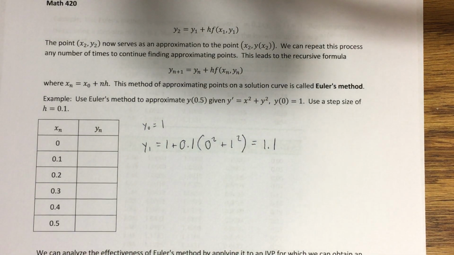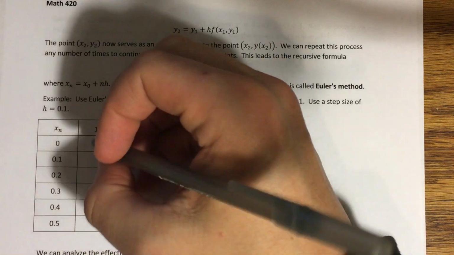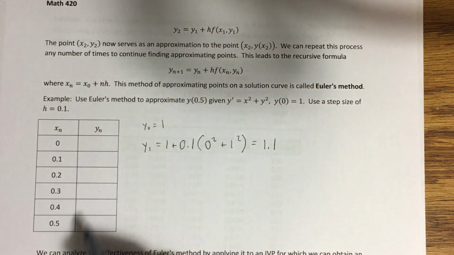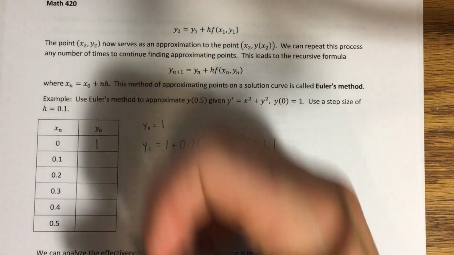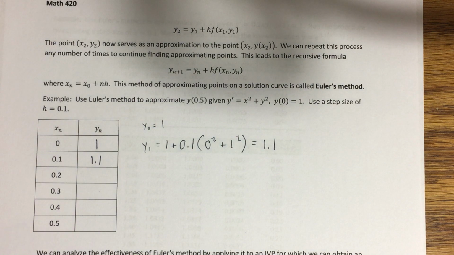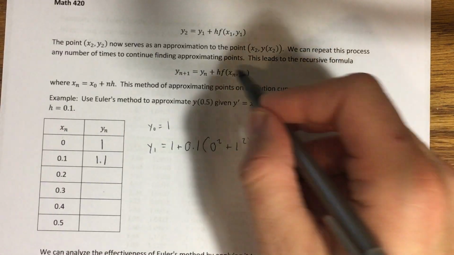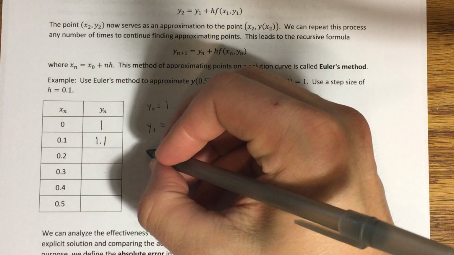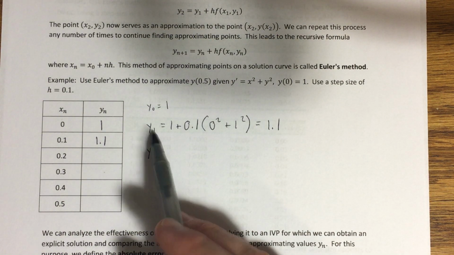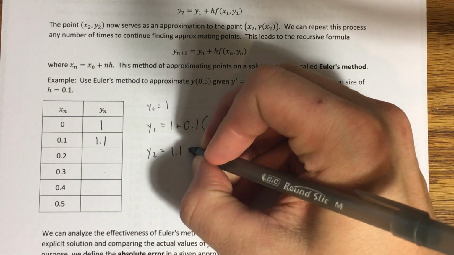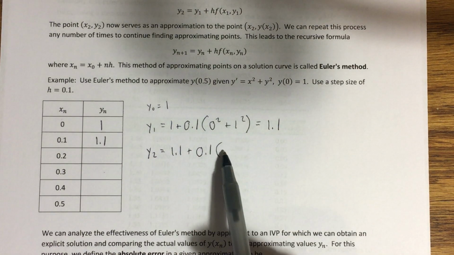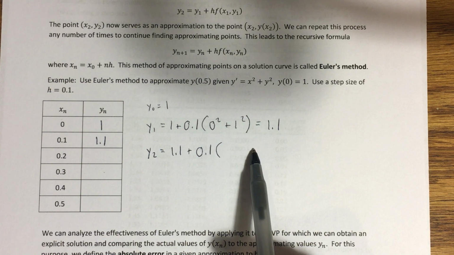Plug it into a calculator. This one's actually easy enough to do in your head. So I get 1.1. I should be filling in this table as I go. We said that y naught was equal to 1, y1 was equal to 1.1, and then we take this value and feed it back into our recursive formula. Now I can get y2. y2 is equal to y1, which is 1.1, plus our step size, 0.1, times x1 squared plus y1 squared.